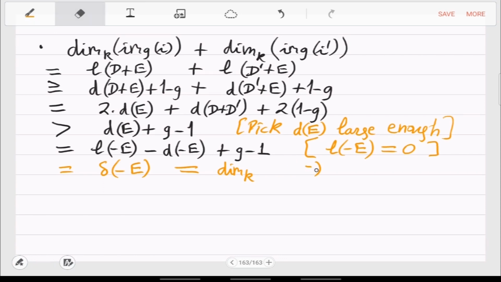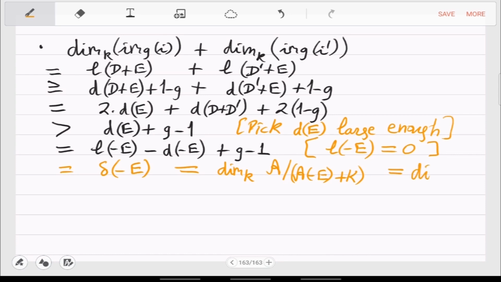Maybe one step I write, because we know by proposition this is the dimension of A mod A(D) plus K, minus E plus K. Now, when you look at the homomorphisms of this to constants, you will get as many as the dimension of this.